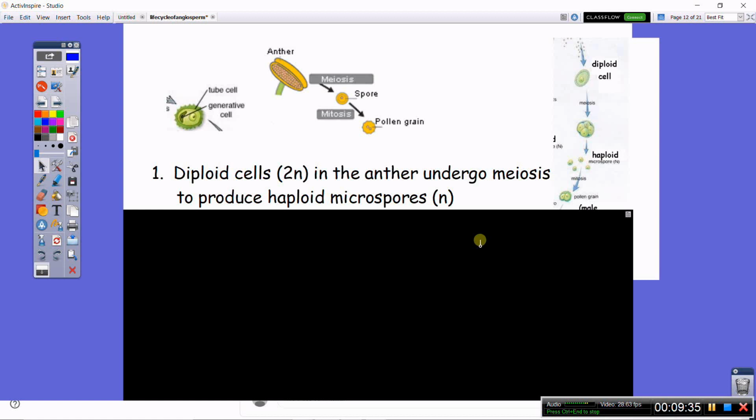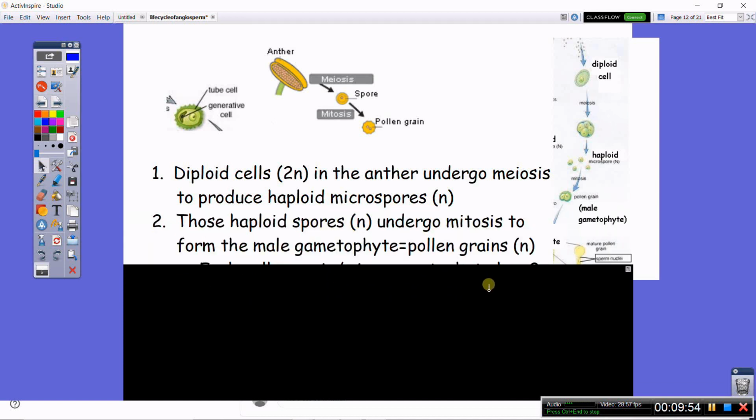So diploid cells in the anther, so we're starting off on the male side of things, are going to undergo meiosis to produce haploid microspores. Okay? That we took right from our little cycle that we did.